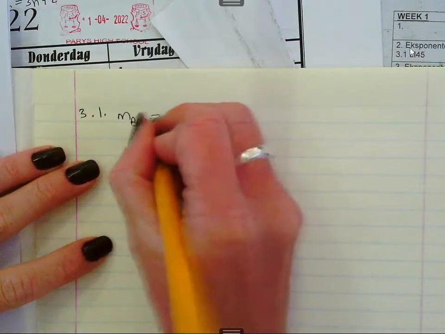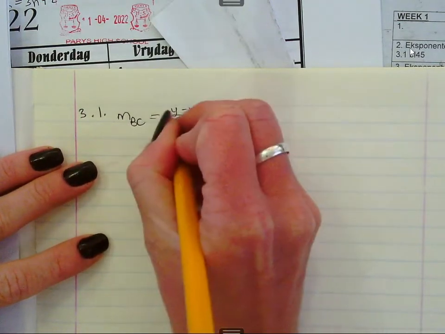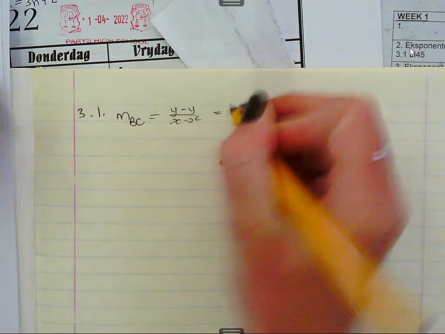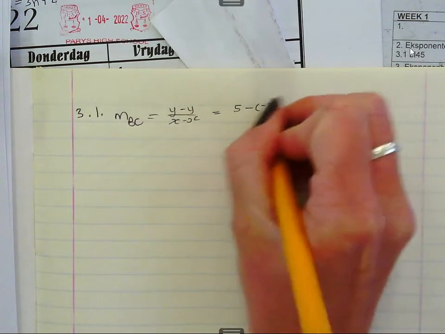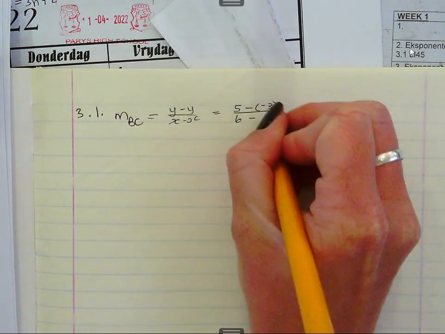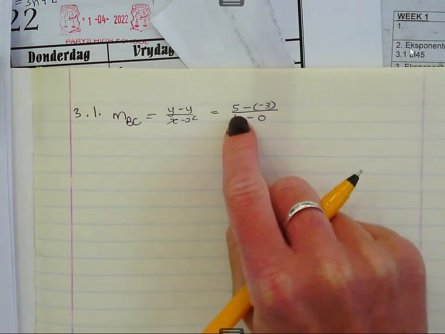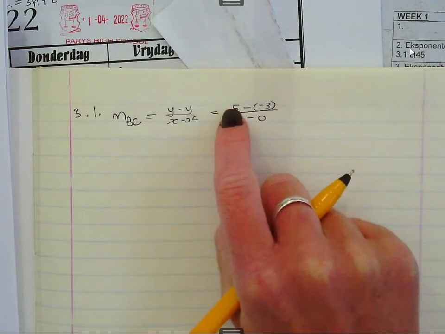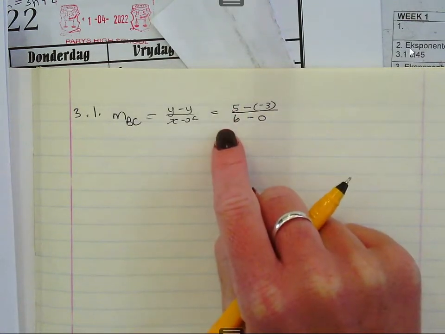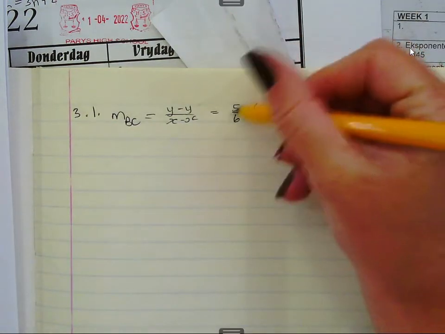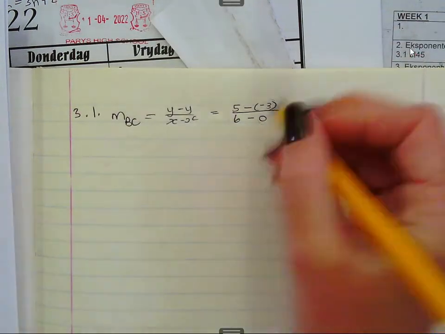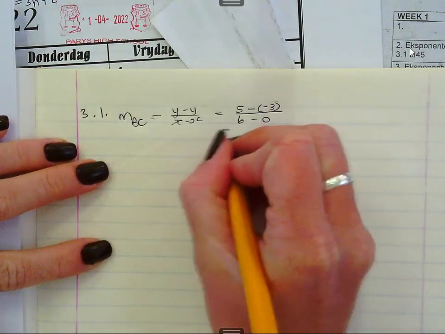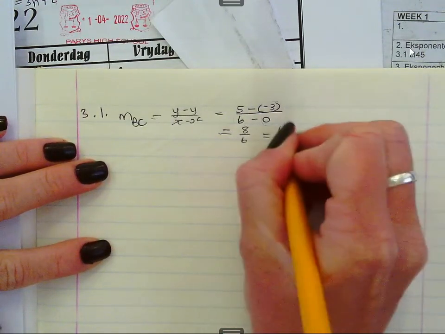So the gradient formula is y minus y over x minus x. It is (5 minus negative 3) divided by (6 minus 0). Remember, if you start with B's y coordinate, you must start with B's x coordinate. Do you understand? So these two must go together and those two must go together in a coordinate. Right, and then you do the calculation and your answer will be 8 over 6, which is 4 over 3. Do you agree with that?